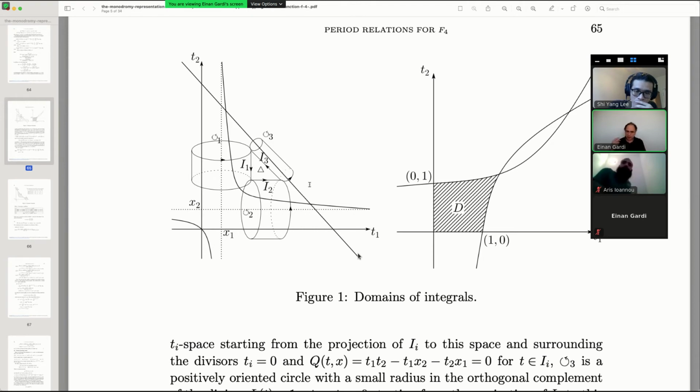Now that we have in mind that T1 is really a complex plane, and T2 is a complex plane, we can understand what this oriented circle I1 and oriented circle I2 are. The oriented circle I1 is a cylinder that surrounds both the Q1 line and the T1 equals 0 line.